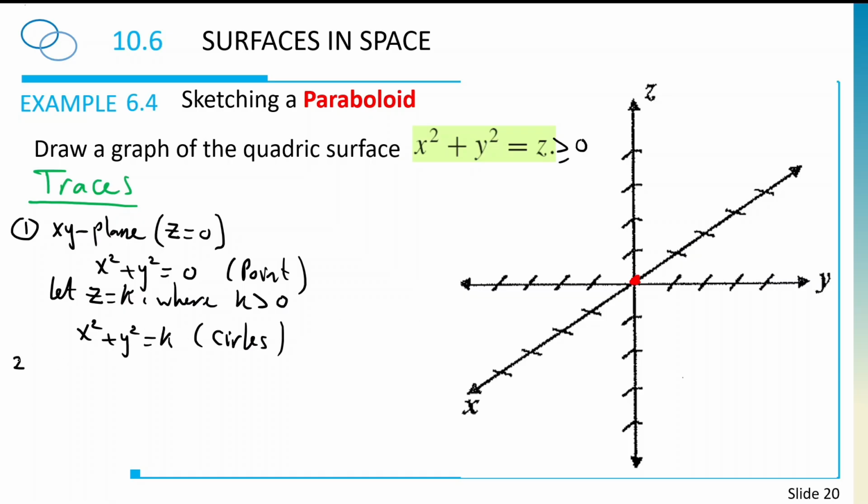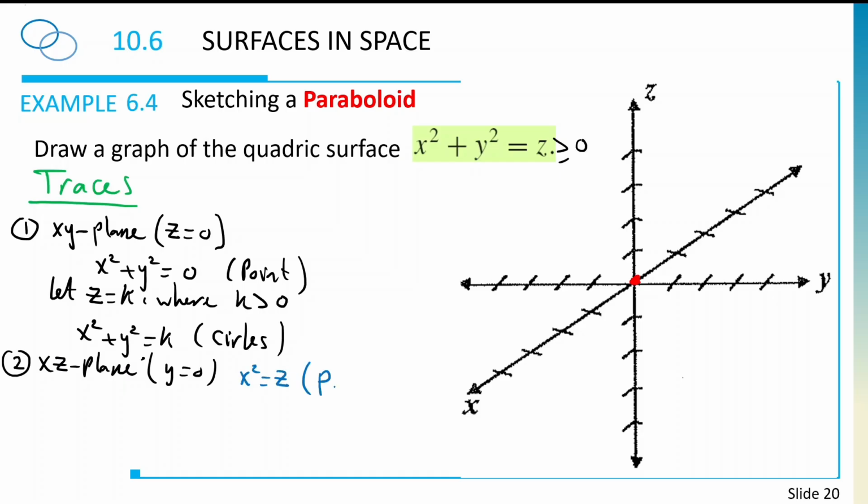Let's try the second trace. Now we'll use the intersection with the xz plane. So now I need to let y equal 0. So what do I get if y is equal to 0? So now I have y is 0. So this is x squared equals z.